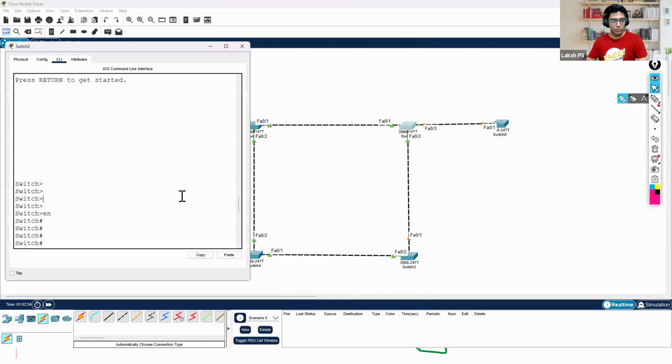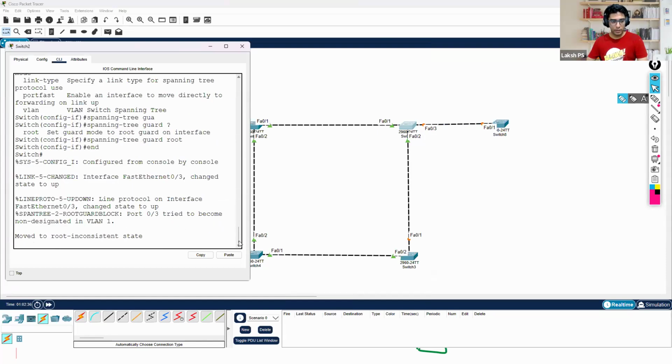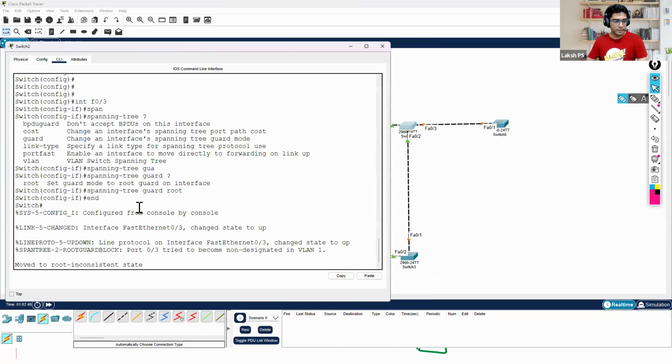Now on switch number 2, you can see some important information being thrown. The moment I connected switch 8 to this interface, it said it went up. However, it says spanning tree root guard blocking, FastEthernet 0/3 tried to become a non-designated port in VLAN number 1.